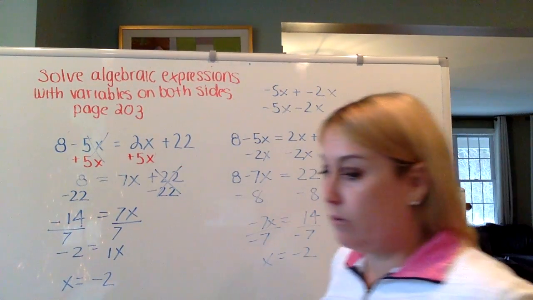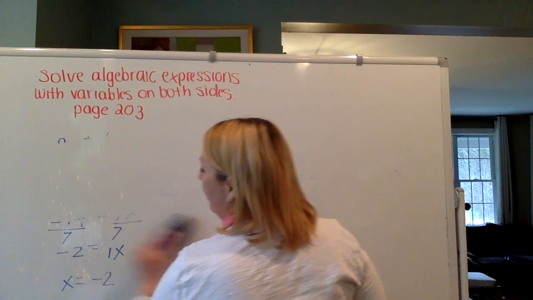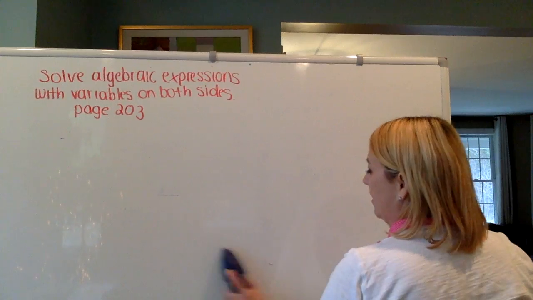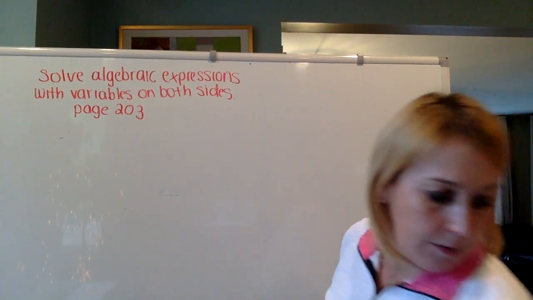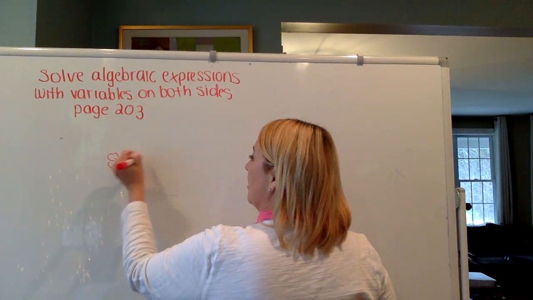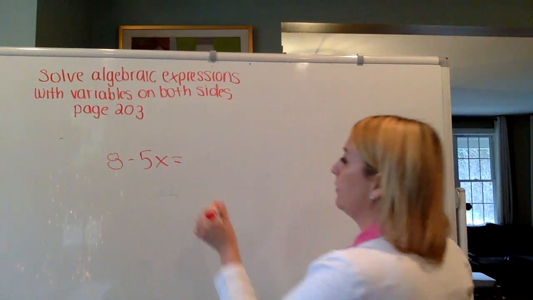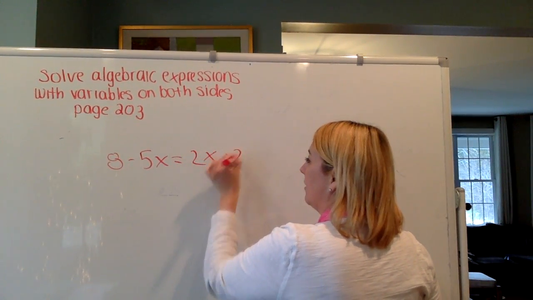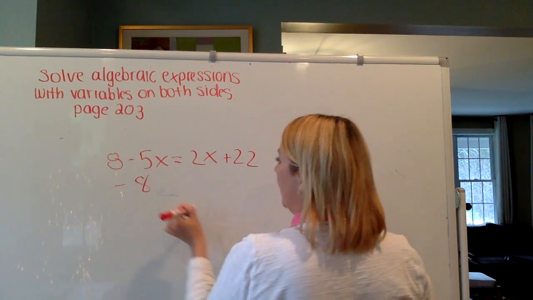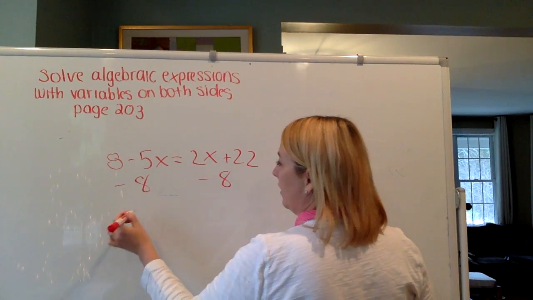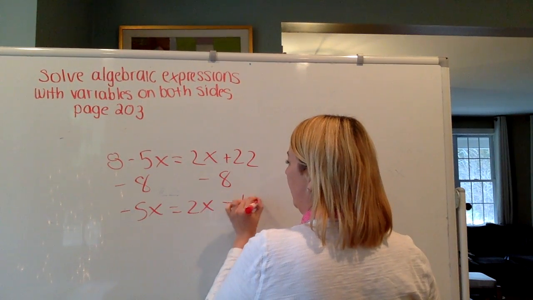And then the last thing that I will show you is, again, we would get the same answer if we move the constants instead. So what did I have? 8 minus 5x equals 2x plus 22. So let's just say that I moved my 8, and I moved my 8, and then I have negative 5x equals 2x minus 14.